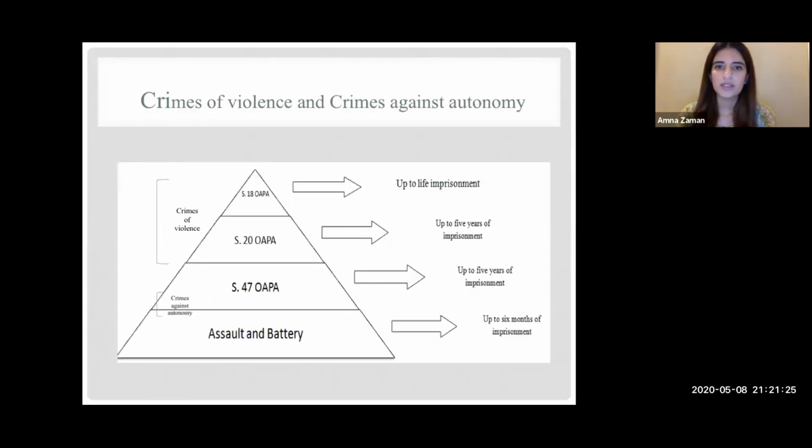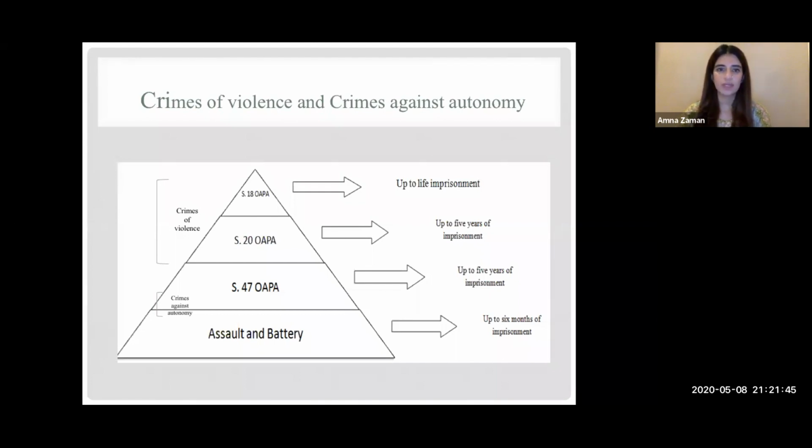Before we start, you need to understand that broadly speaking, there are two types of crimes. The first category is crimes of violence, and the second category is crimes against autonomy. When we talk about crimes of violence, we'd be talking about primarily three offenses.